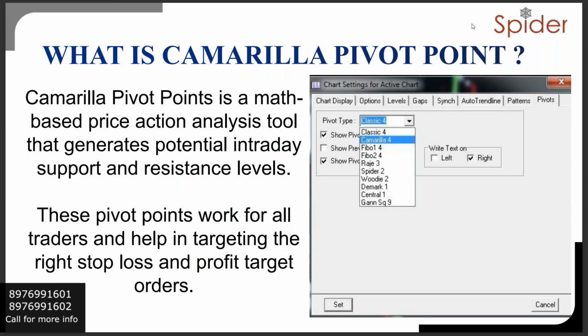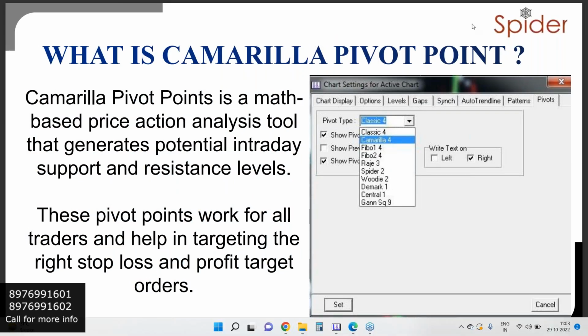It's a mathematically based price action calculation that you can use on your intraday as well as on your daily charts, but it specifically benefits intraday charts, where it will show you the support and the resistance for the stocks. This pivot works in all time frames, but it's best in the intraday time frame. When you use it on a 5 minute or a 15 minute chart, it will give you more accurate results.